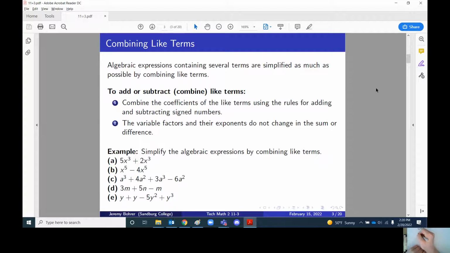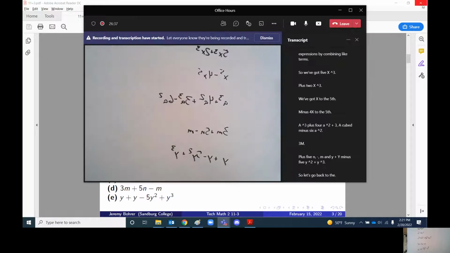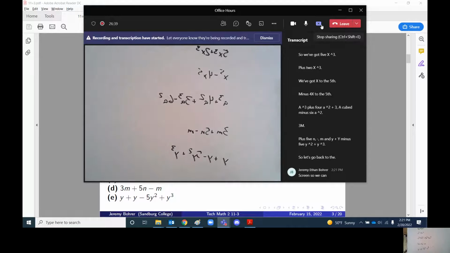We've got x to the fifth minus 4x to the fifth, a cubed plus 4a squared plus 3a cubed minus 6a squared, 3m plus 5n minus m, and y plus y minus 5y squared plus y cubed. So let's go back to the screen so we can do these.